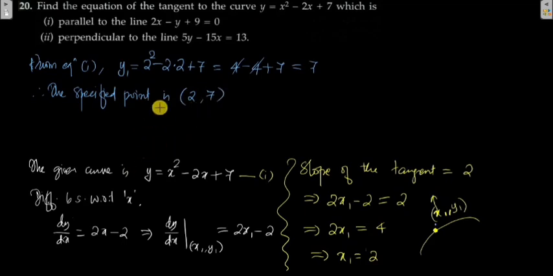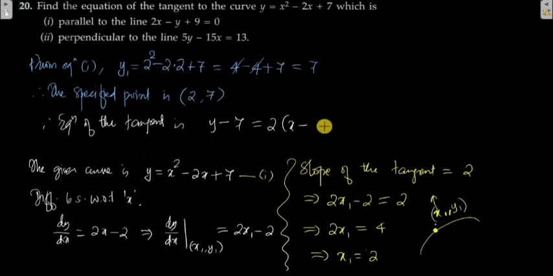Therefore the equation of the tangent is y minus y1, that is 7, equals the slope of the tangent, which is 2, into x minus x1.